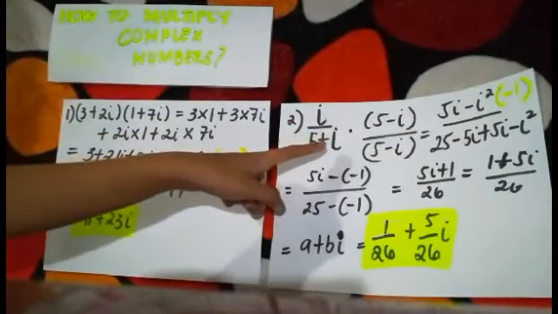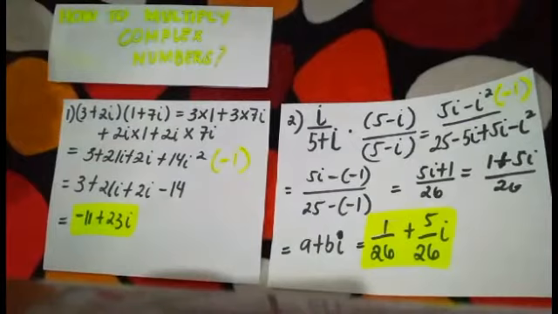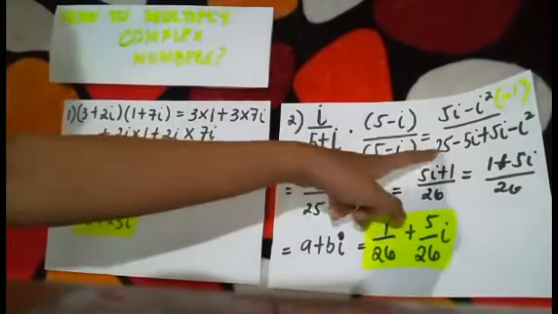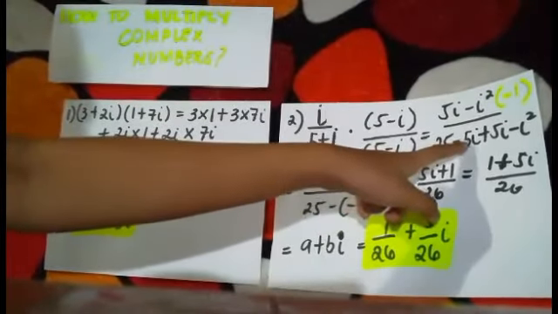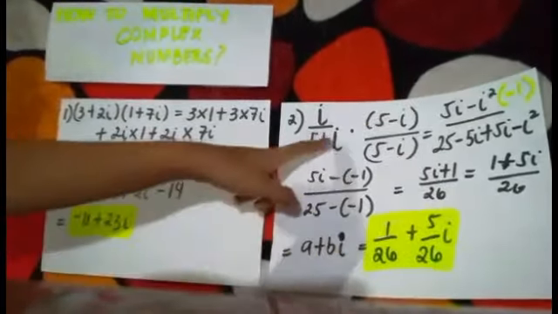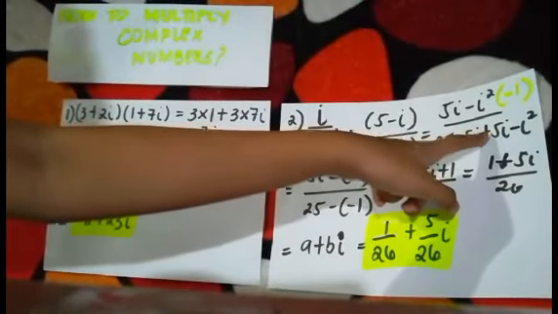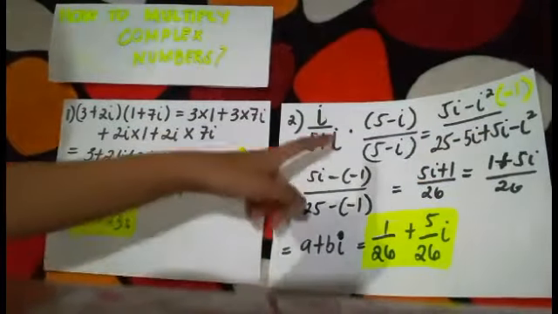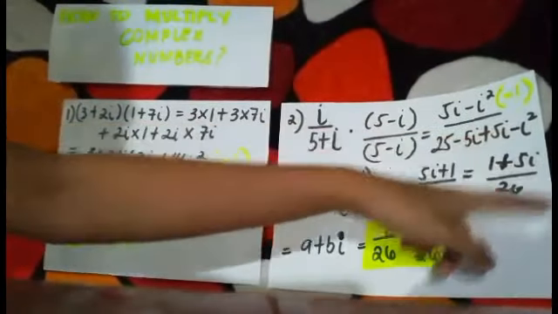And by multiplying denominators, we should apply the FOIL method. 5 times 5, 25. 5 times negative i is equal to negative 5i. Positive i times 5 is equal to positive 5i. Then positive i times negative i is equal to negative i squared, or negative 1.